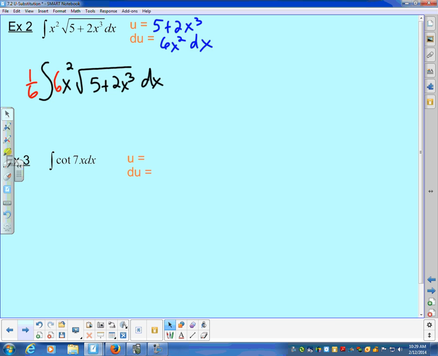If I rewrite this in terms of u, I would have 1/6 the integral of the square root of u, that's what all that becomes, and then you see the 6x squared dx. So this, along with this, all becomes du.